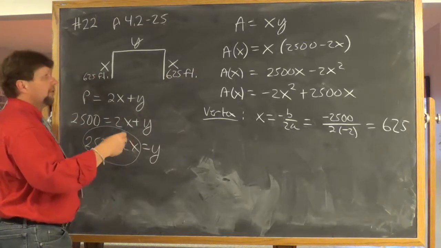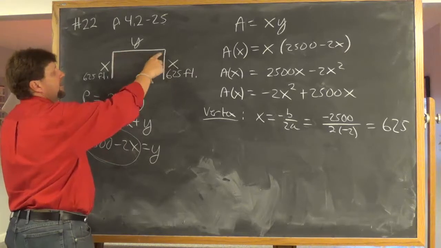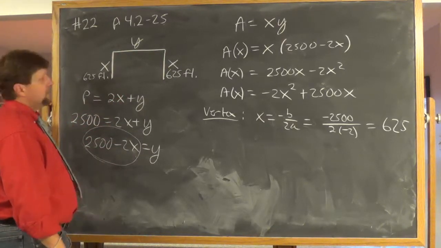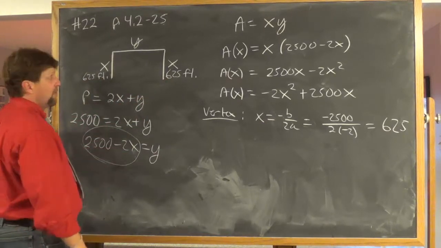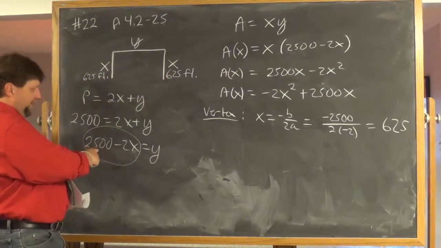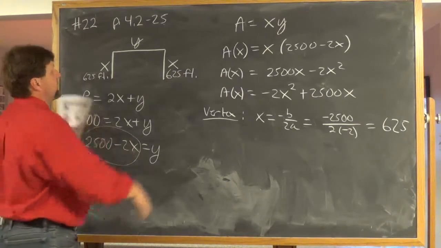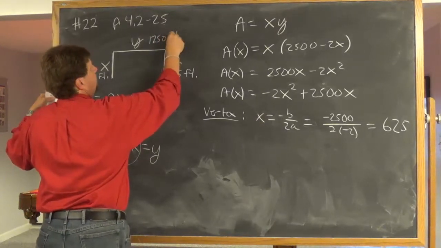Well, if Jim has a total of 2,500 feet of fencing, what must the length of this side be? Well, it's simply 2,500 minus 625 minus 625, or 2,500 minus 2 times x. And that should give you 1,250 feet.